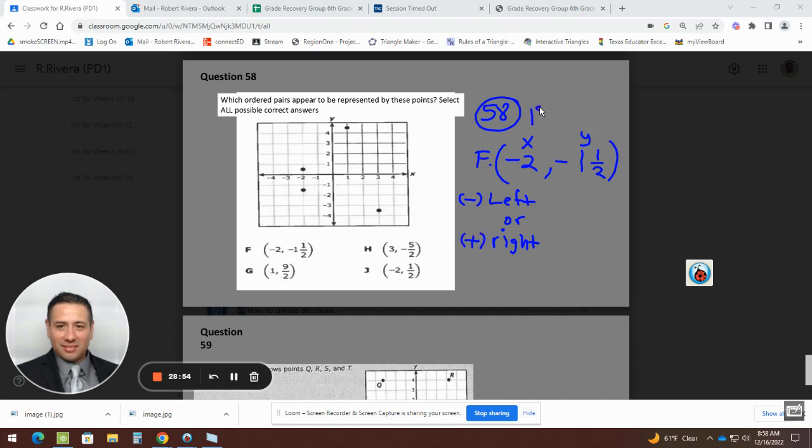X is always first. The second number, Y, is second, and it moves after you move left or right. Then you move up if you're positive, or down if you're negative.